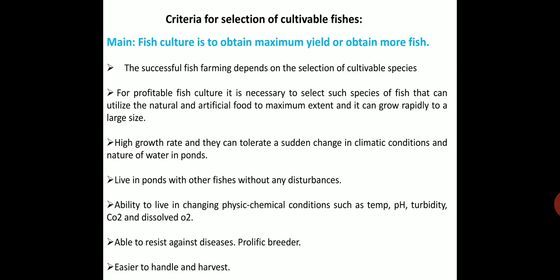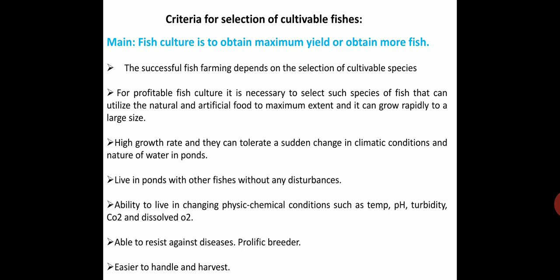They should have a high growth rate and be able to tolerate a sudden change in climatic conditions and also in the nature of water in ponds. They should also live in a pond with other fishes without any disturbances.